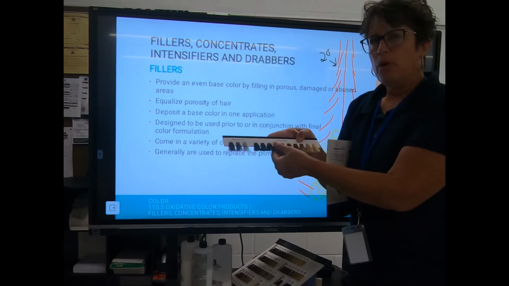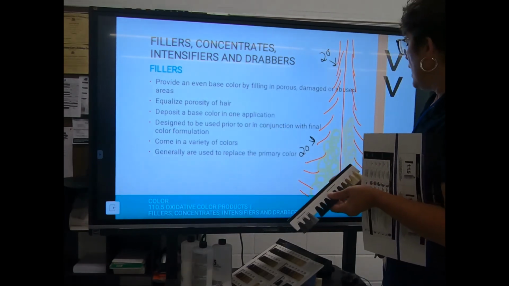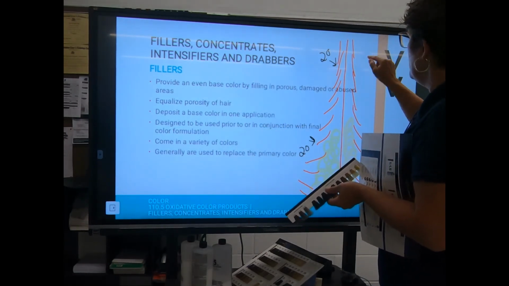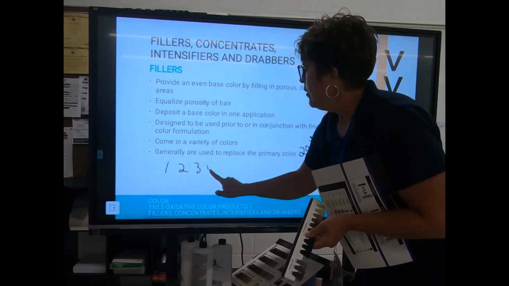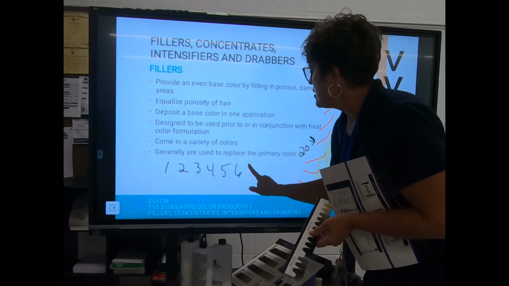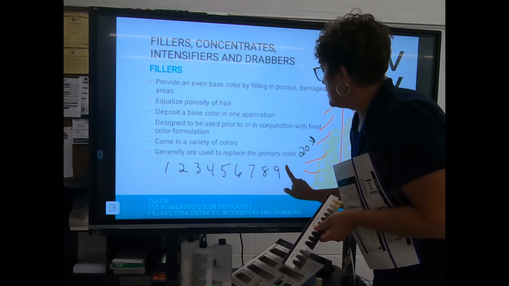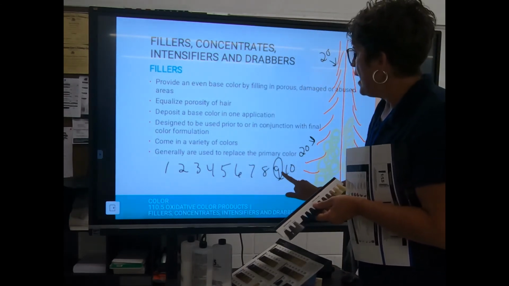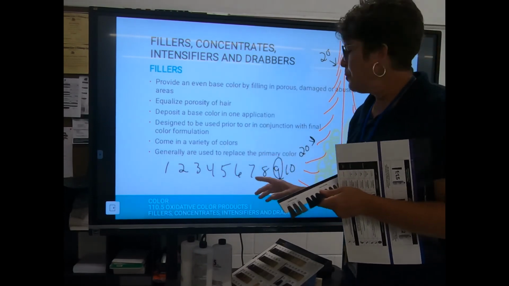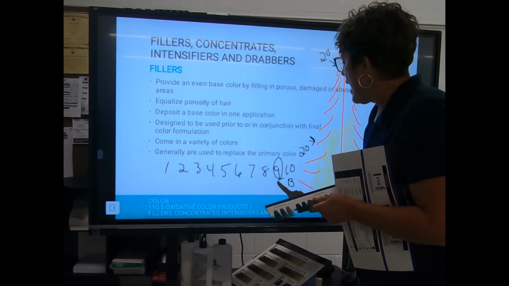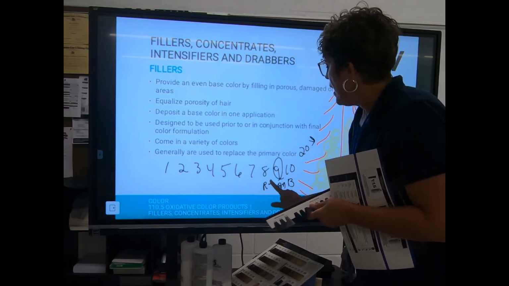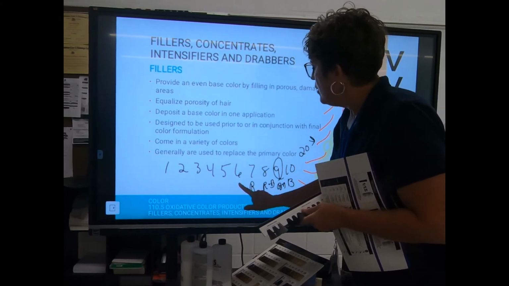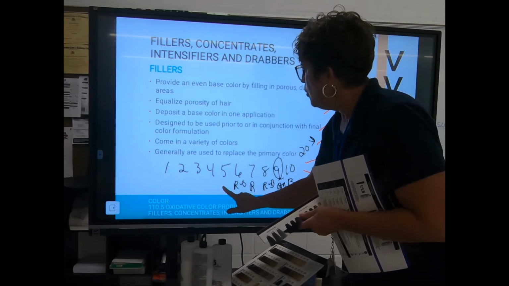If you remember, underneath all of these colors, so if we do 1, 2, 3, 4, 5, 6, 7, 8, 9, 10. Okay, you've lightened it to a 9, and I'm going to simplify it, but this would be, say, black, brown, red-brown, I'm sorry, red, red-orange, orange.